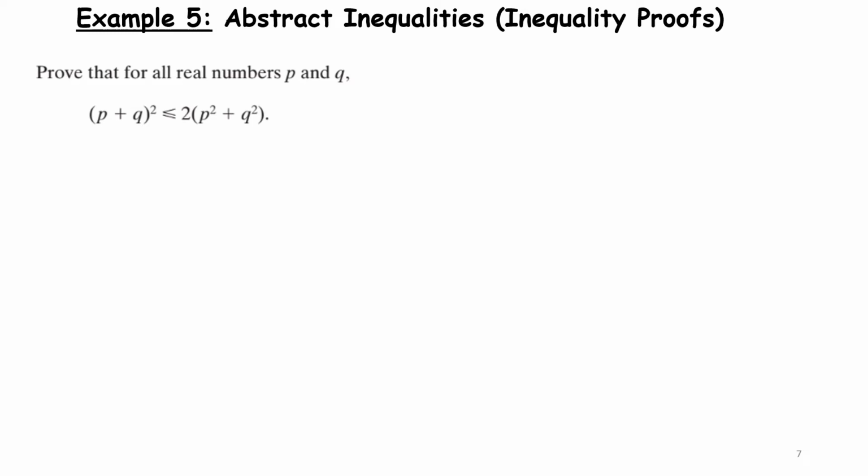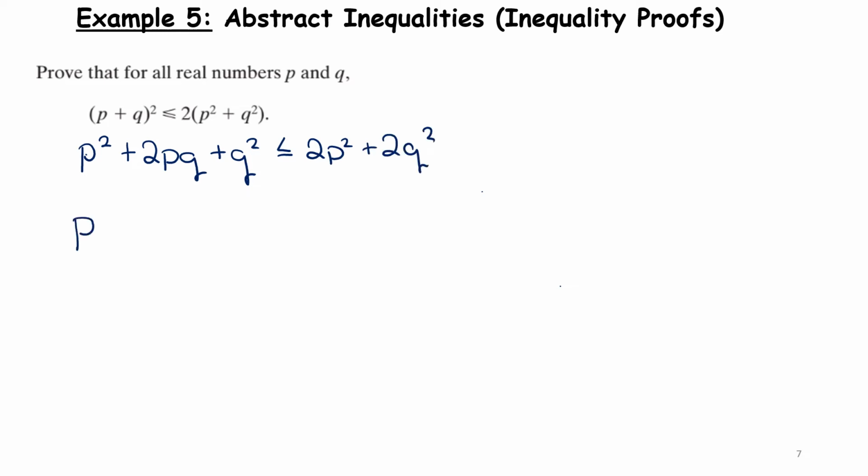So what we're going to do is we're going to expand out all of our brackets, move everything over to one side, and then see what we have. So squaring out this bracket, I get p squared plus 2pq plus q squared is less than or equal to 2p squared plus 2q squared.